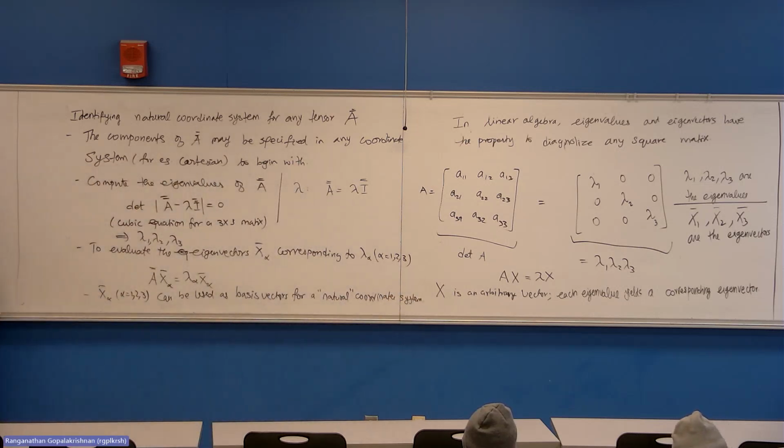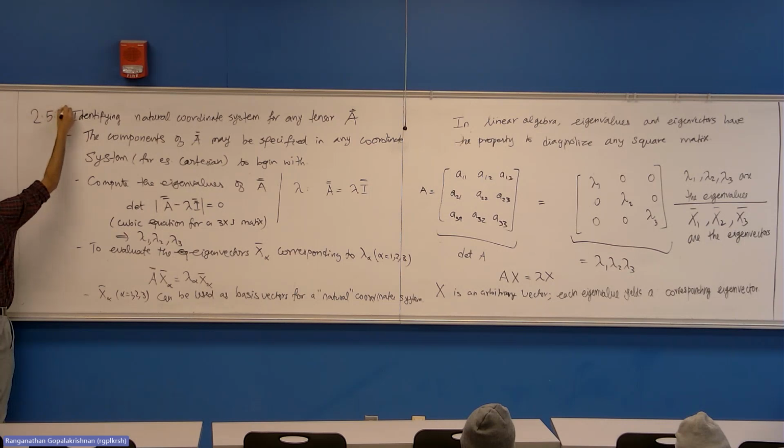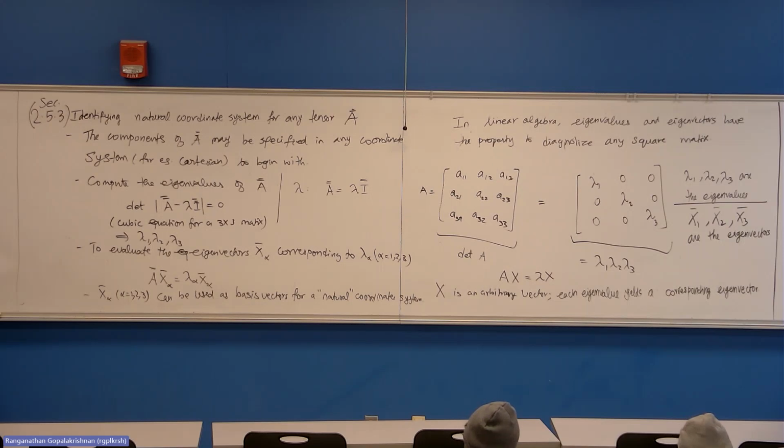We're going to see examples on this now. What I've described so far is in section 2.5.3 of the book. So if you want to read this from the book later, that's where you will go.